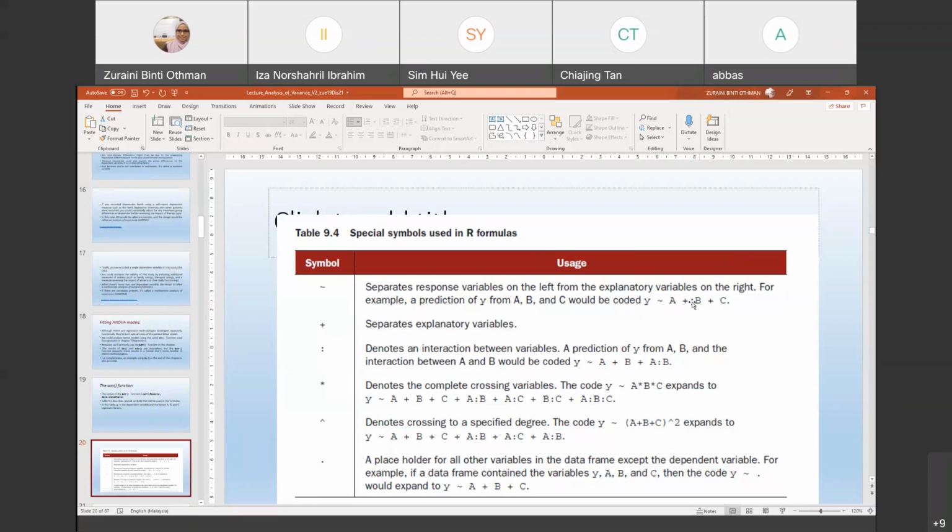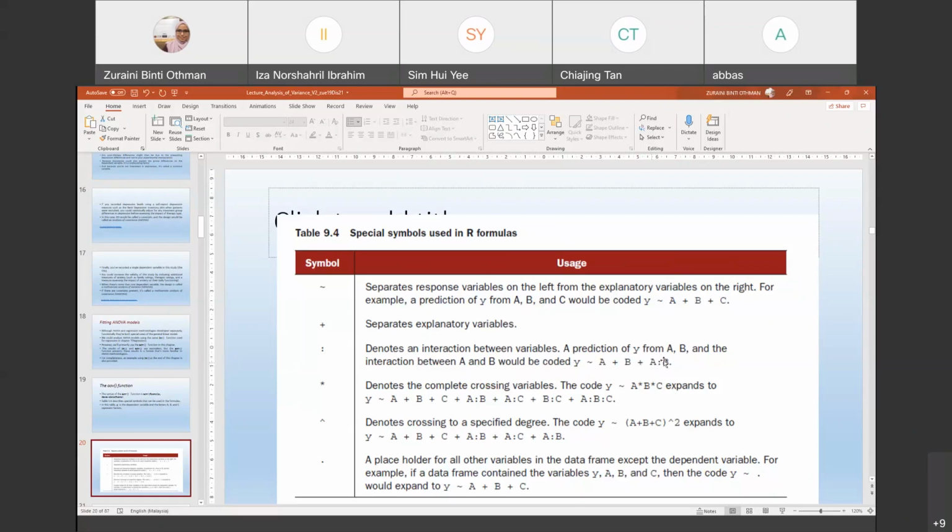We separate between two factors using plus. Then this denotes an interaction: prediction of Y from A, B, and the interaction between A and B. For example, just now I gave you predicting graduate employability from course and CGPA, and the interaction between course and CGPA.